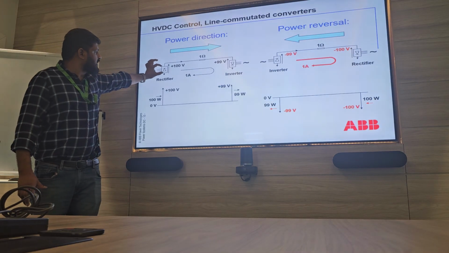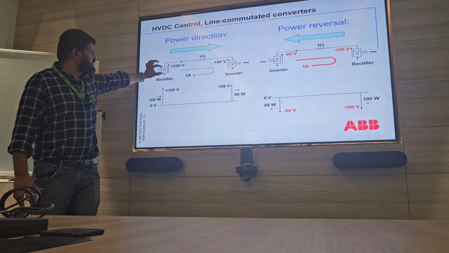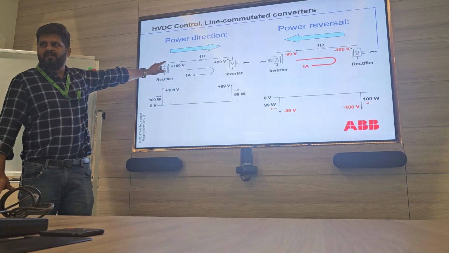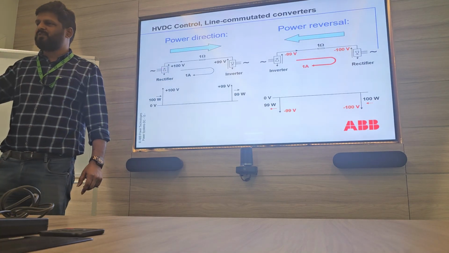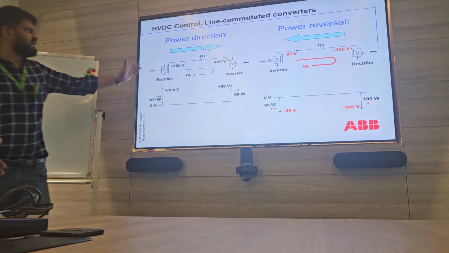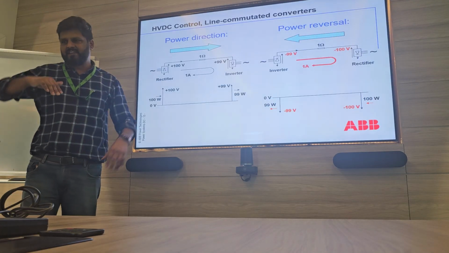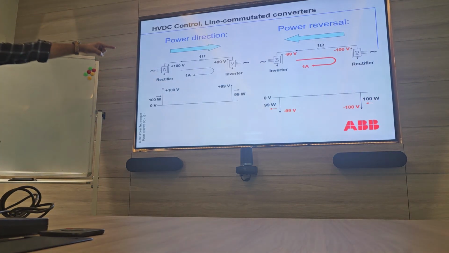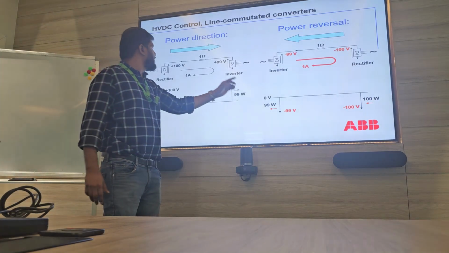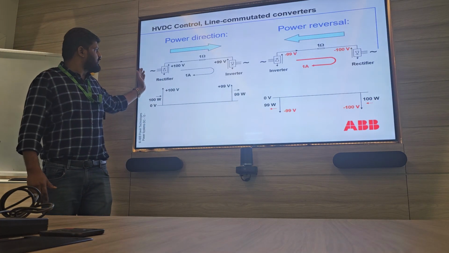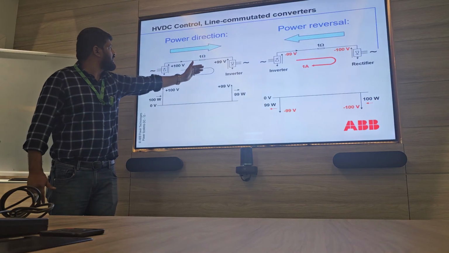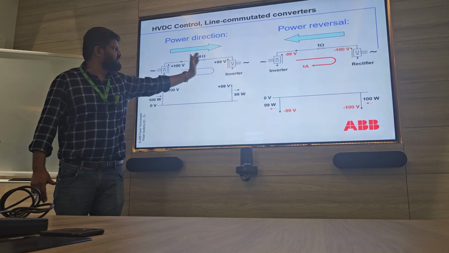By controlling the firing angle, we change the voltage, up to alpha 0 to 90, the positive voltage. If we increase the angle above 90, it becomes negative. So the power flow direction will be like this, from rectifier to inverter.